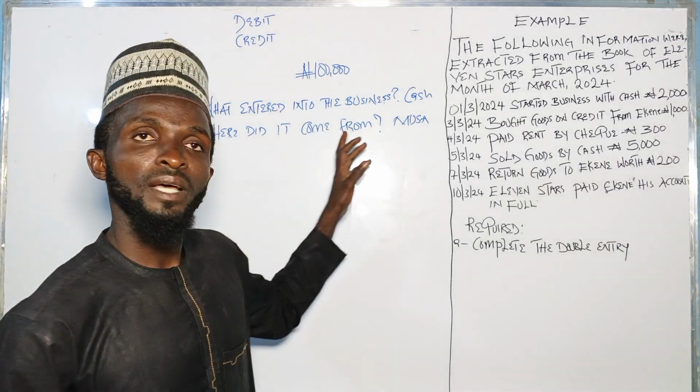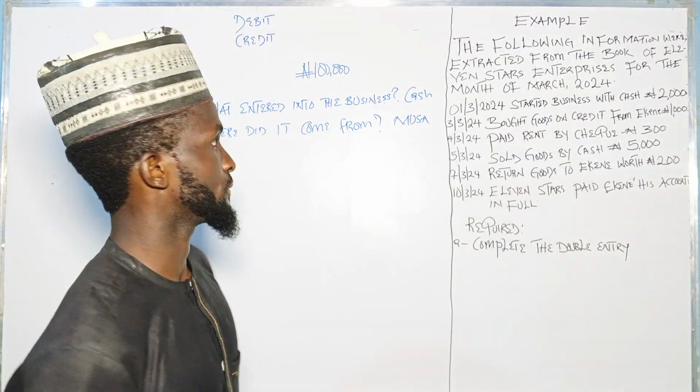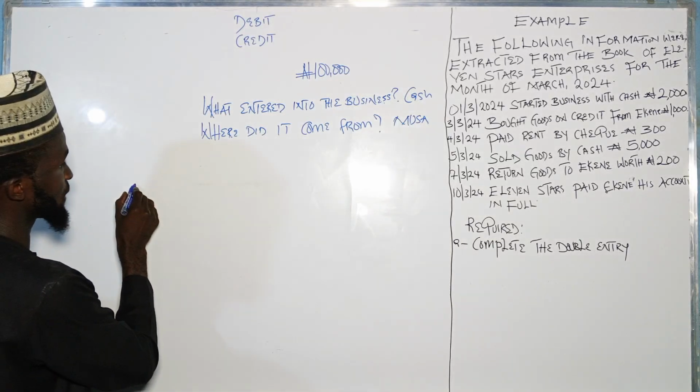Now, let's answer this question. This is a very simple example. Let's say this is an account.